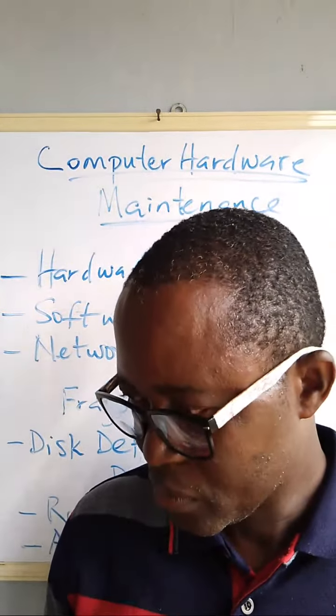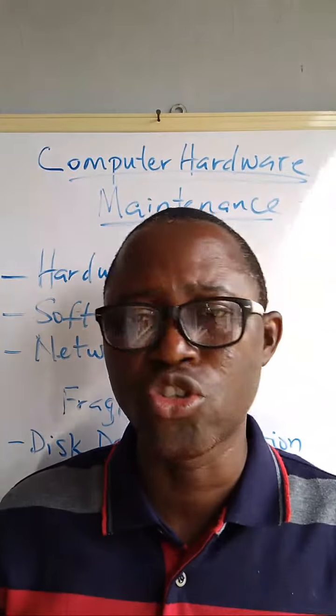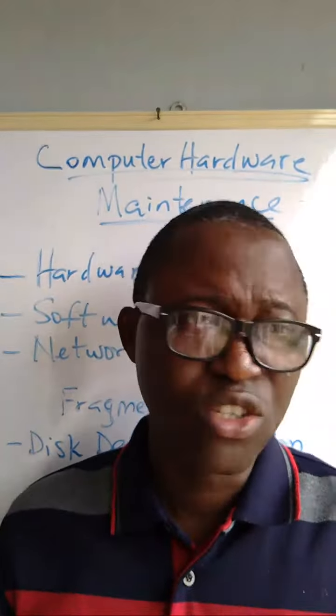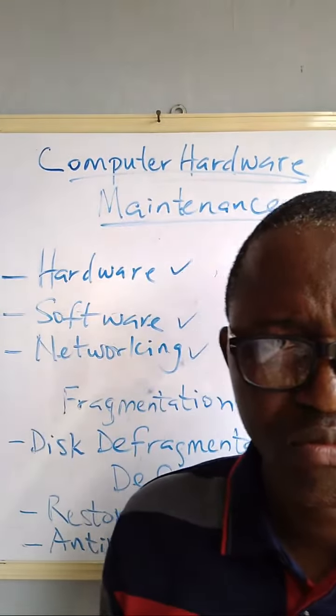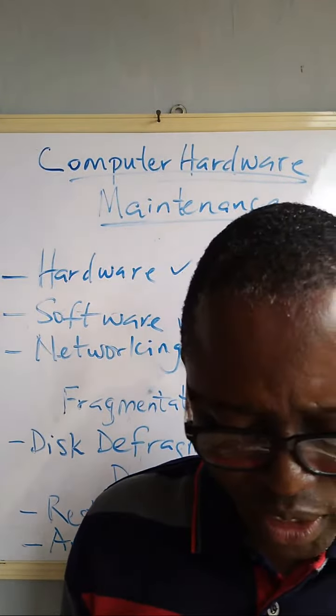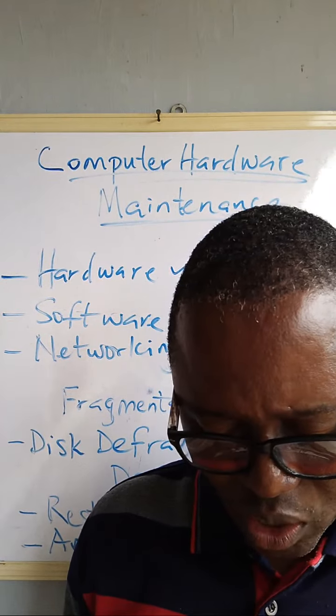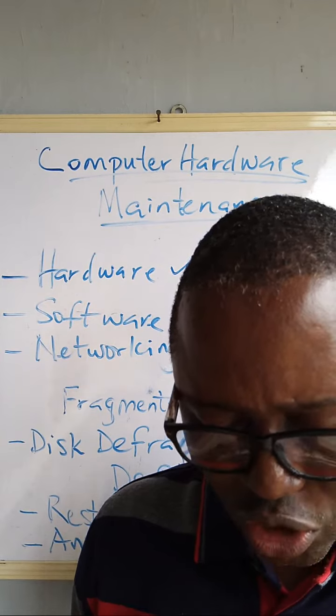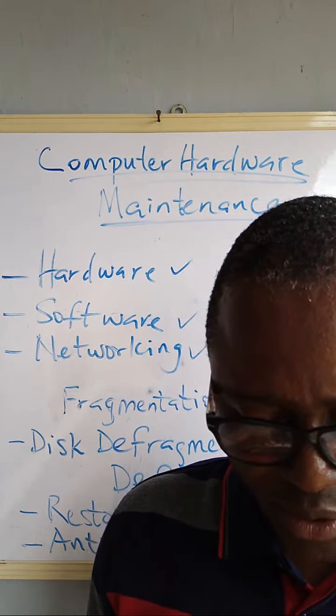So the computer becomes unusually slow. So you can begin to think of defragmentation at this point. I think you are with me. You can begin to think of disk defragmentation at this point.